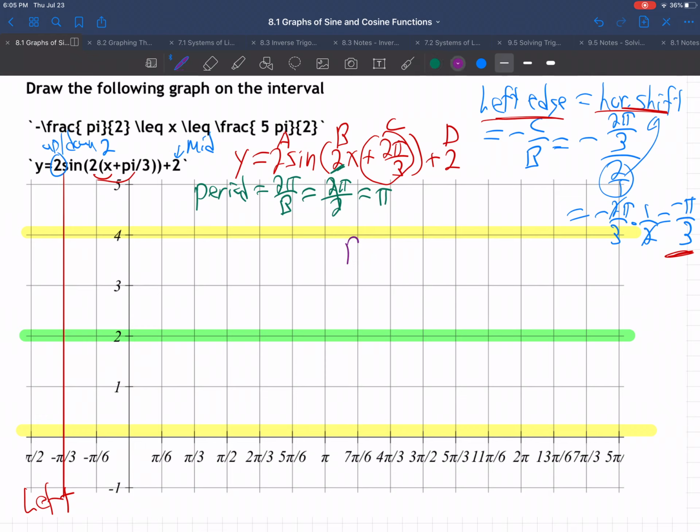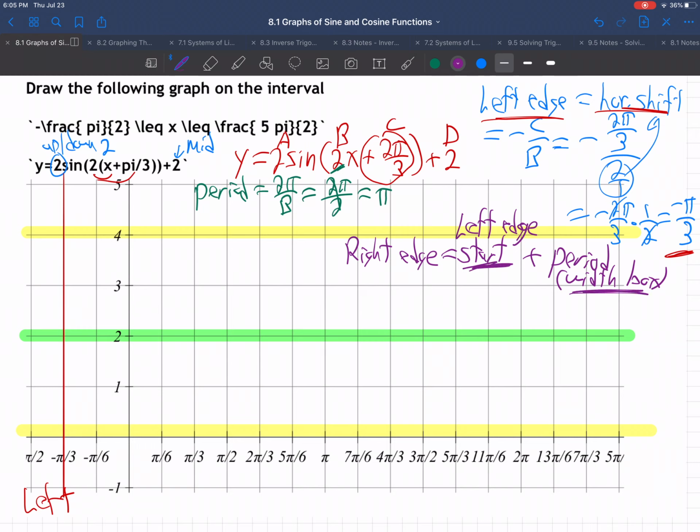So the right edge equals where you start, the left edge, plus the period, because that's how wide the box is. That's what period is, the width of the box. So if you know where you start and how wide it is, well, that's where you're going to end.